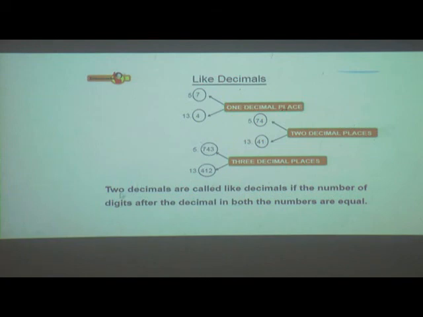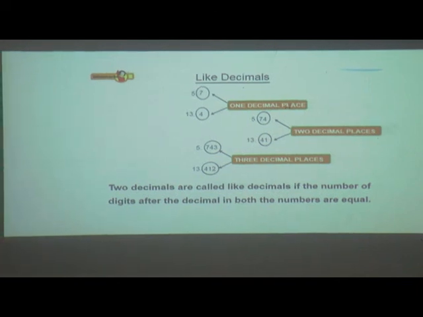In short, remember this: two decimals are called like decimals if the number of digits after the decimal in both numbers is equal. We will see in the next class what unlike decimals are.